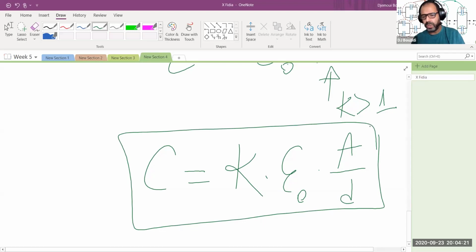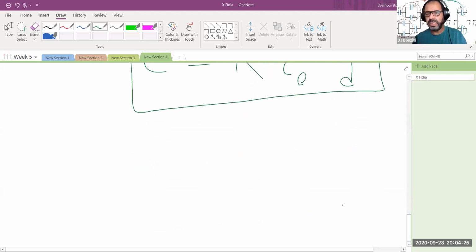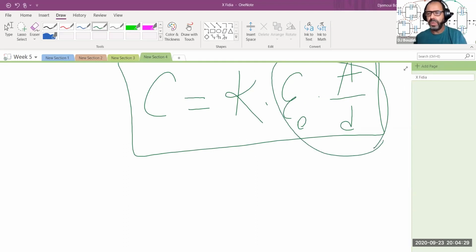In your lab, you're supposed to graph C as a function of kappa, where the slope of the graph will turn out to be the capacitance in the case of the vacuum. So you start with vacuum, you calculate the capacitance, you know how much it is. That's going to be C naught.